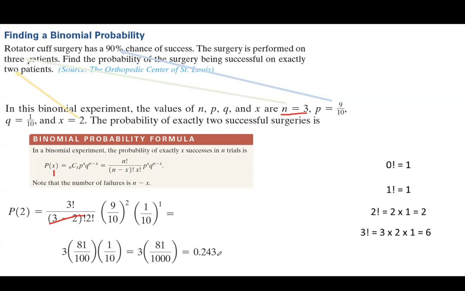So the probability of exactly 2 successful surgeries is very small. It's just 24.3%. This is not a good probability. This is a very small probability when it comes to checking the probability of different types of events.